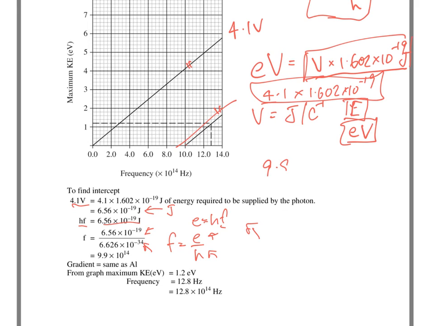Now, if we go from 4.1 down to 0 for your experiment, then it's going to make a graph that's down further, minus 4.1. So that's what they're relying on, and the intercept will be 9.9, which you can work out. Very difficult question, but I hope that helps a little bit.